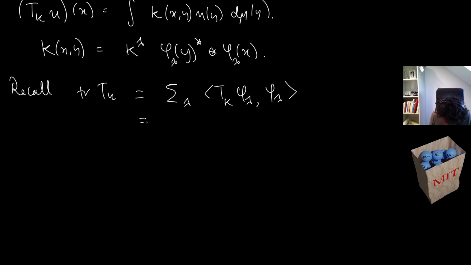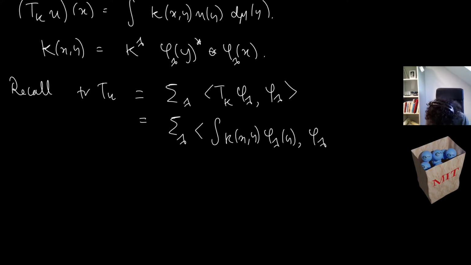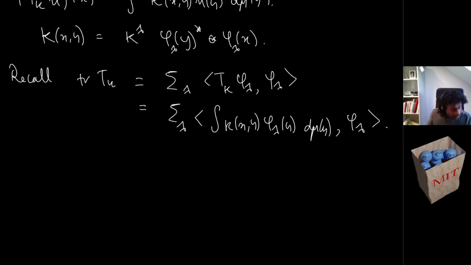Now let's write this out more precisely. This is going to be the sum over the integral of k(x,y) phi_lambda(y) phi_lambda, and I should put a d mu(y) in here. But what is this?